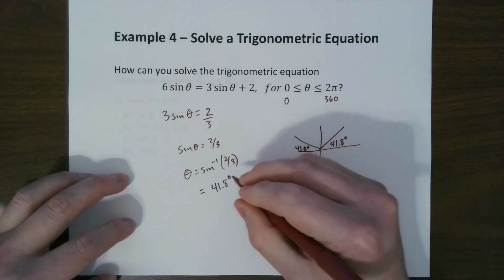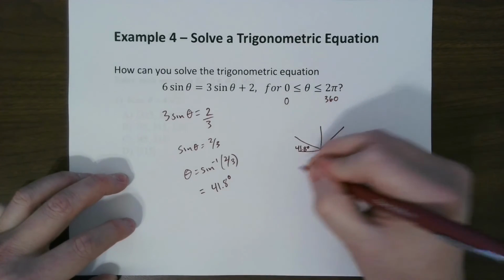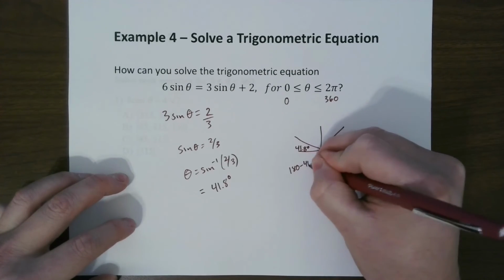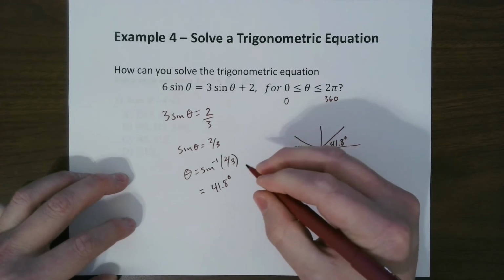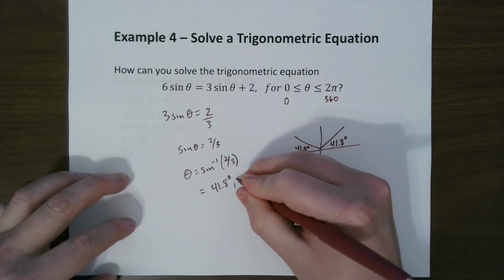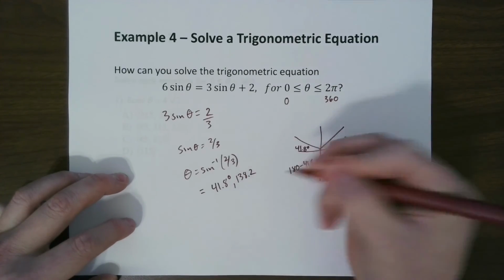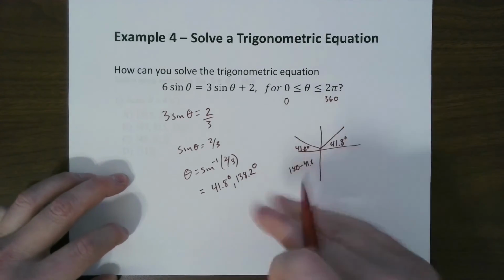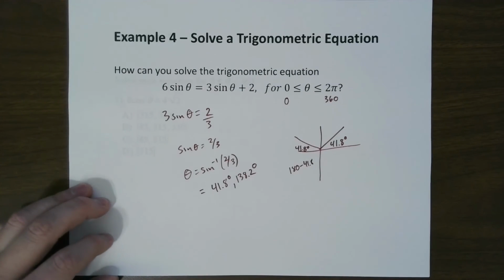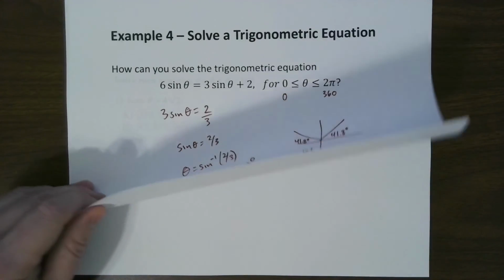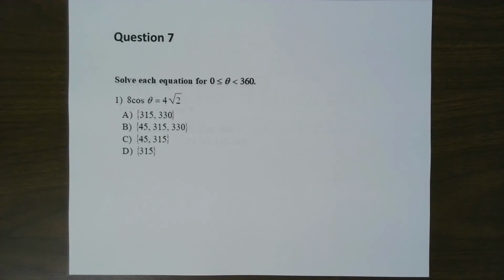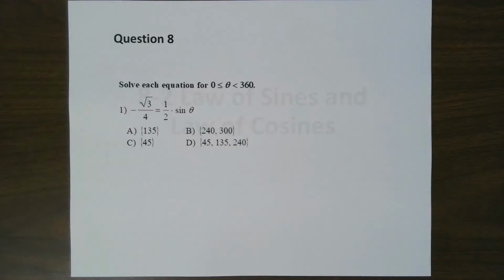So all we got to do is subtract this from 180. So 180 minus 41.8 gives us our other answer, which is 138.2. And from there, you can convert to radians if you wish. It's up to you. Go ahead and try this problem.